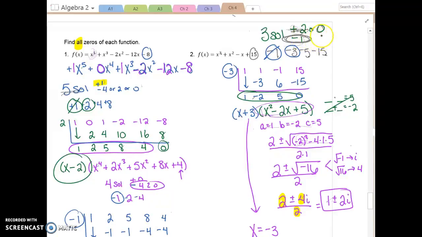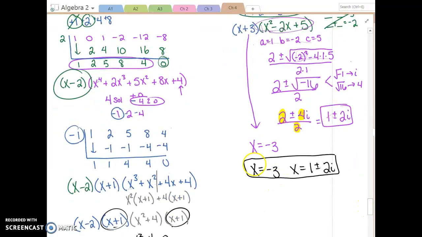Descartes' rule of signs is super important to make sure that you're finding your solutions. We were guaranteed one negative solution, and we got that negative solution, x equals negative 3. We were not guaranteed a positive solution. We didn't get any positive solutions. We got 2 imaginary solutions.